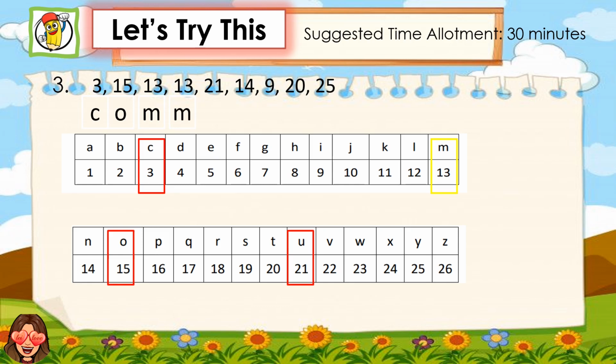I hear letter U. You are correct. How about for number 14? That's letter N. And for number 9, I. How about for number 20? That's letter T. And for the last number, number 25, that's letter Y. So we can form a word, community.